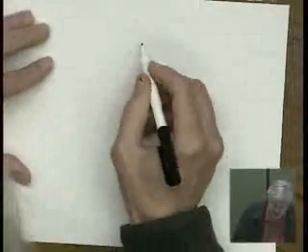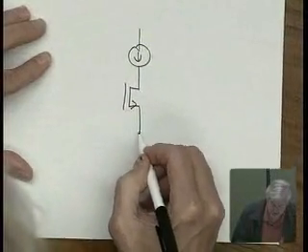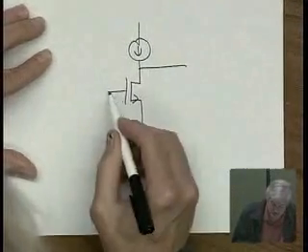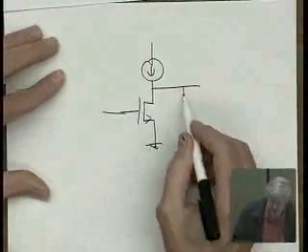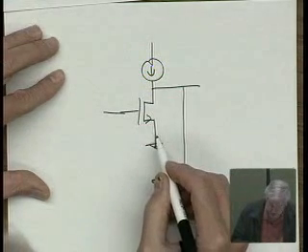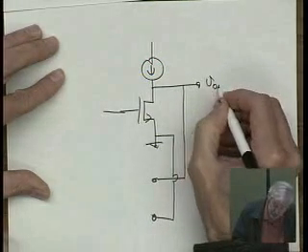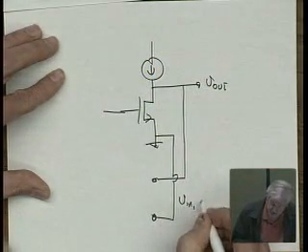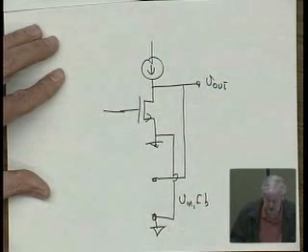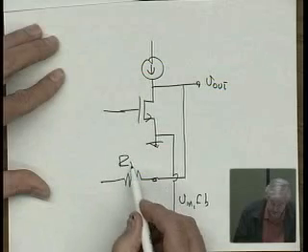Look closer at this for a second. So here is our current source. Here's our input, so it's in shunt, right? So we take our output here, and then so here's V out, here's V in feedback, and this is a ground, and then this goes through a resistance, RF.